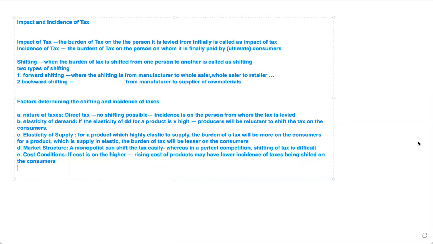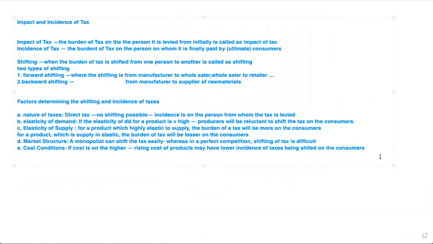Whereas if the cost is constant or falling, incidence of tax shifted is lower. ठीक है? Class? Any doubt? Yes, ma'am. No, ma'am.